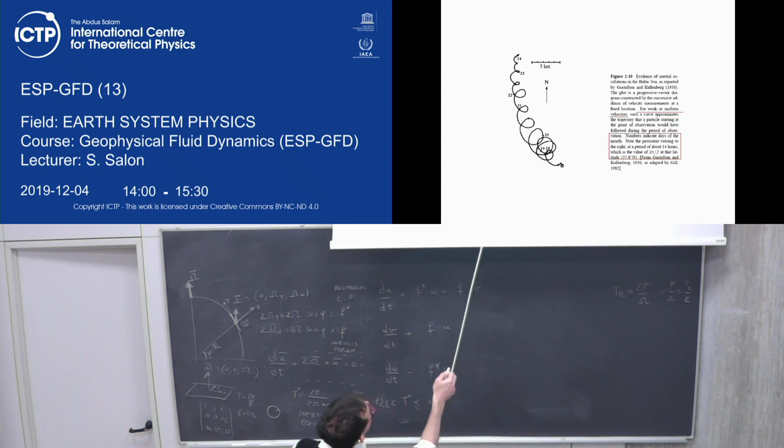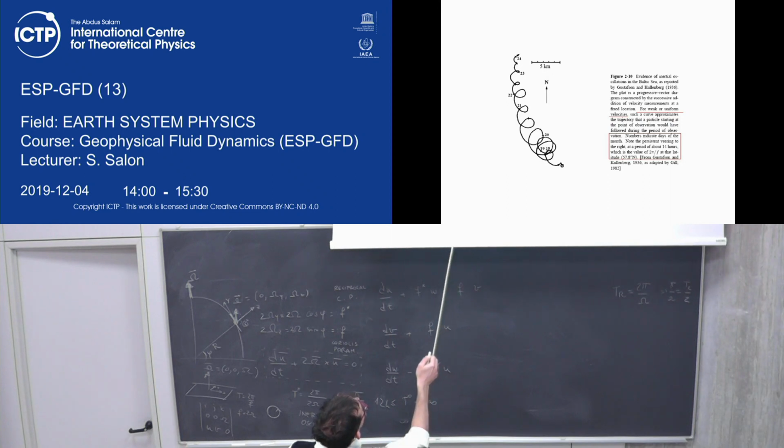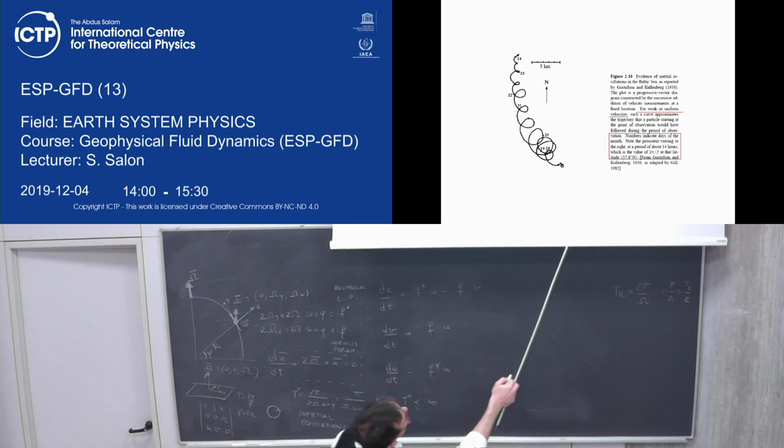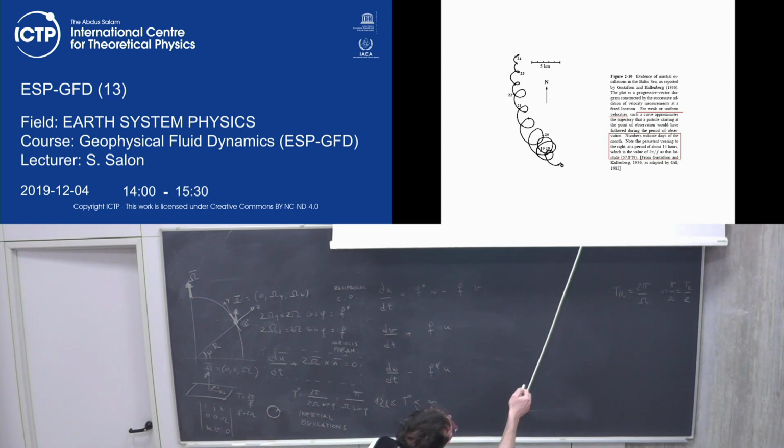The numbers indicate the dates of the month: 18, 19, 20, 21, 22, 23, 24. And if we calculate the value 2 pi over f, which is this period, it is 14 hours, which is exactly what you have at that latitude of about 58 degrees.